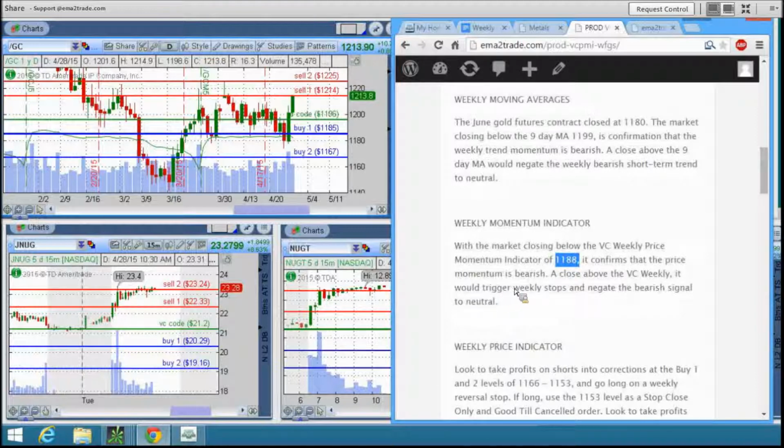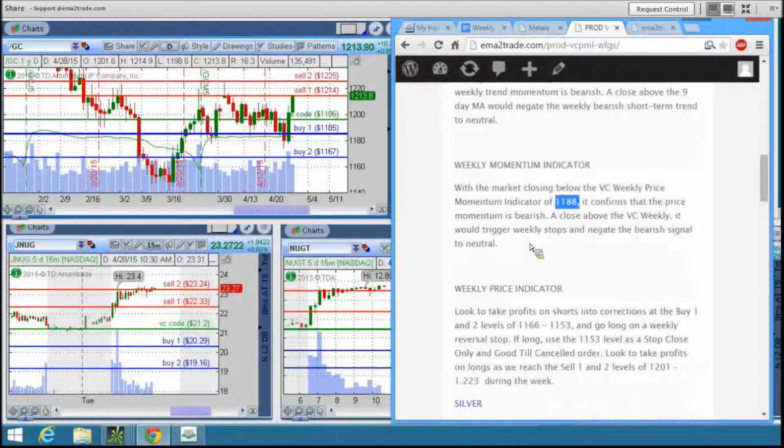But it also tells you right away that if it closes above the VC weekly of 1188, it would trigger weekly stops and negate the bearish signal to neutral. So if you came in short, you should have been looking at these numbers as indications of a market reversal if the bearishness does not continue.